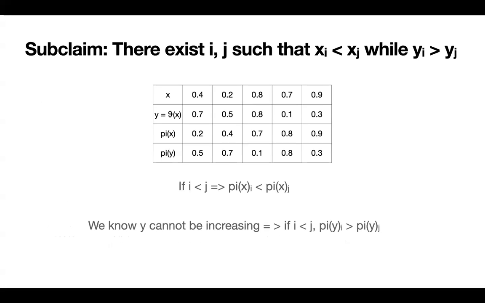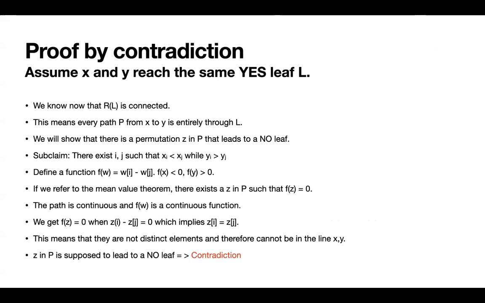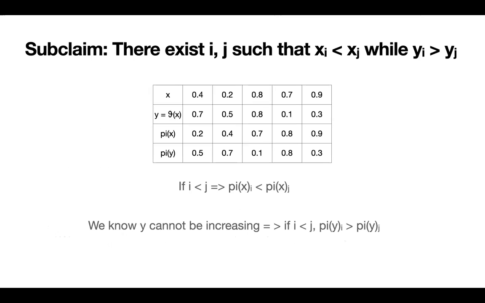Now let's go to our subclaim right here, just to make sure that this proof by contradiction is actually complete. So here our subclaim is there exists i and j such that xi is less than xj, while yi is greater than yj.